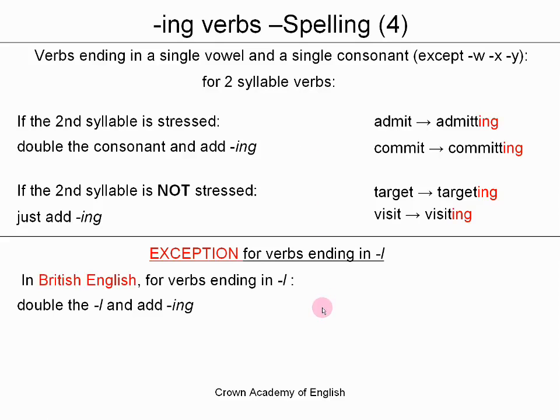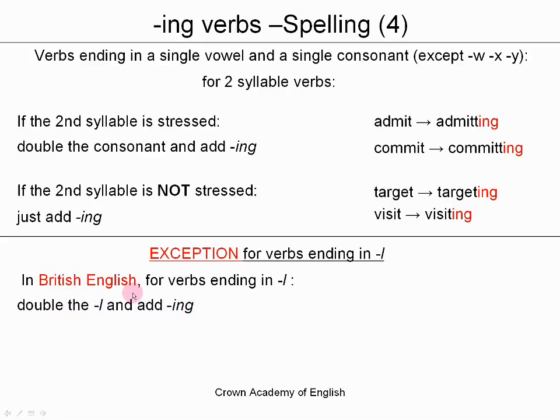Well, the exception is in British English. Okay, so this exception for verbs ending in L with a single vowel before it and with two syllables is only for British English. So in British English, in this case, we always double the L and then we add ing.